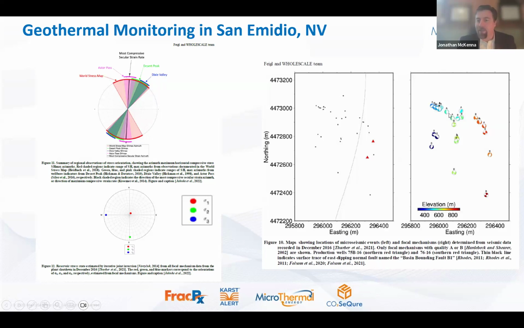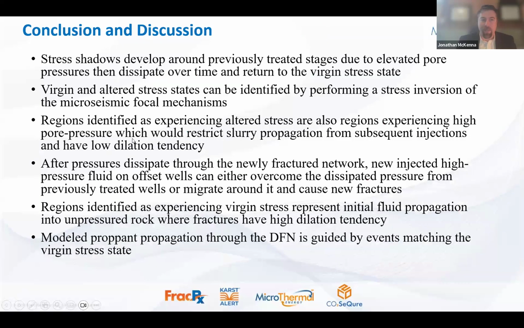So they've taken the focal mechanisms, where the dip slips are also north-south. They're oriented in the same direction as local faulting, and when they invert for the stress, they're getting the same stress orientation direction.